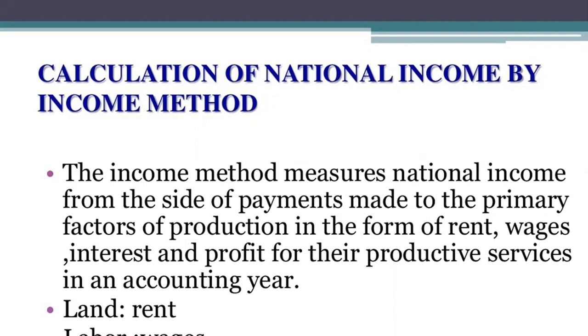Next is rent and royalty. Rent is that part of national income which arises from the ownership of land and buildings. Rental income includes both actual rent as well as imputed rent. Imputed rent of an owner-occupied house is calculated on the basis of the market rent value of the house. Interest.